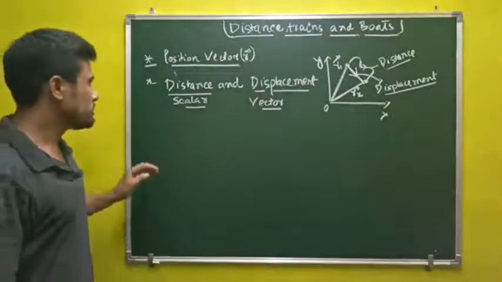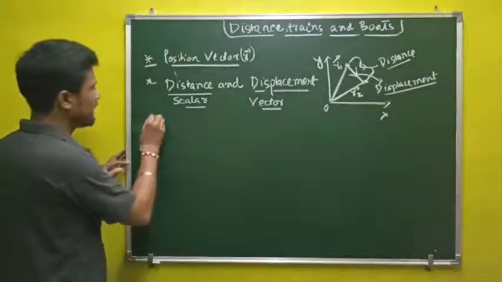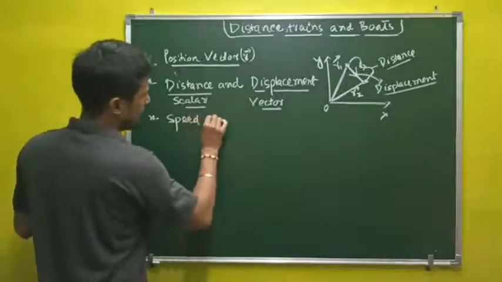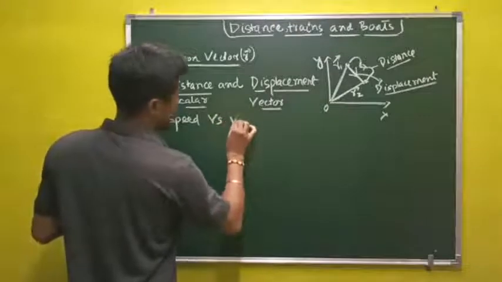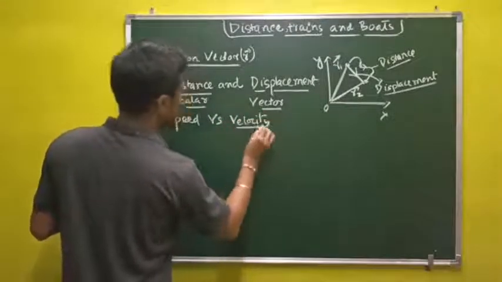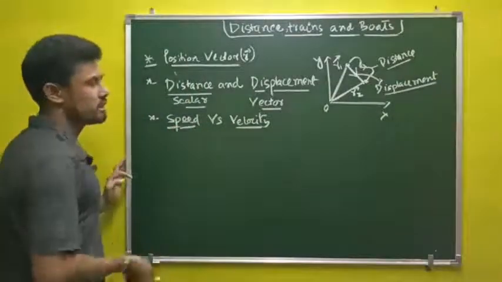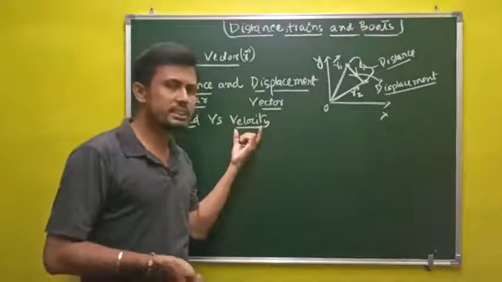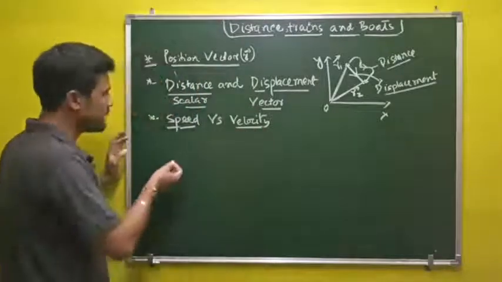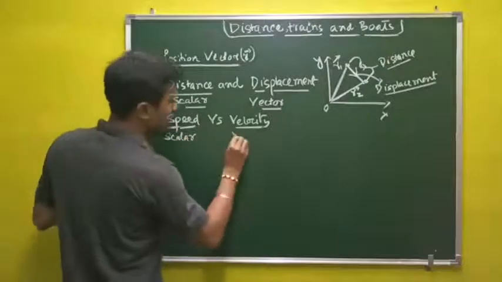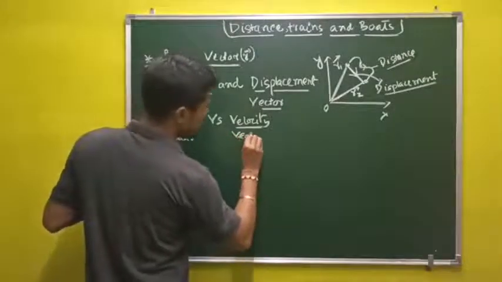The third point we are discussing here is the difference between speed and velocity. You might think these two things are similar, but they are not. Speed is a scalar quantity, whereas velocity is a vector quantity.